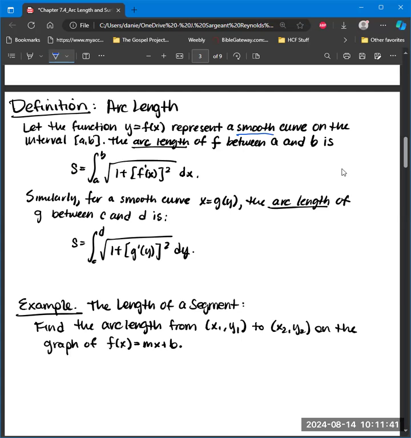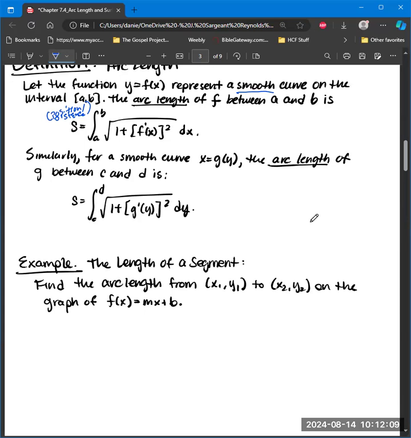It is lowercase s, not capital S, because this is position or distance. It's just a lowercase s like that. It is going to be the integral from a to b of the square root of 1 plus the first derivative of f squared dx.